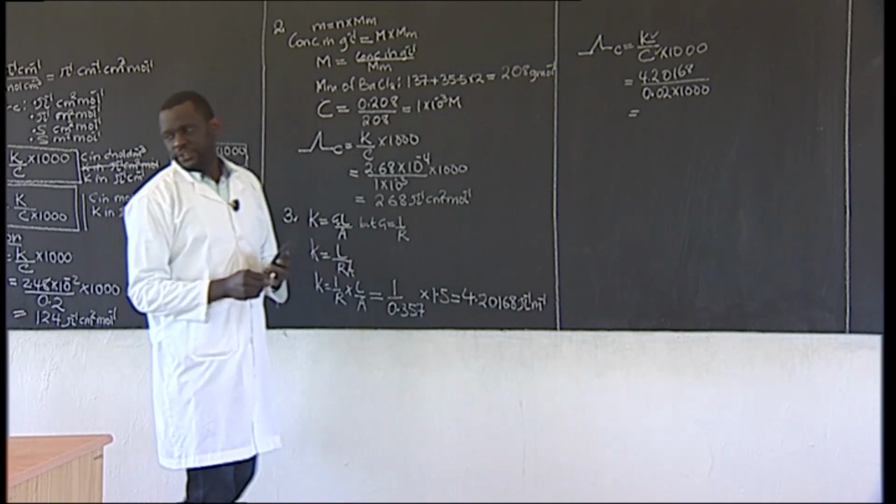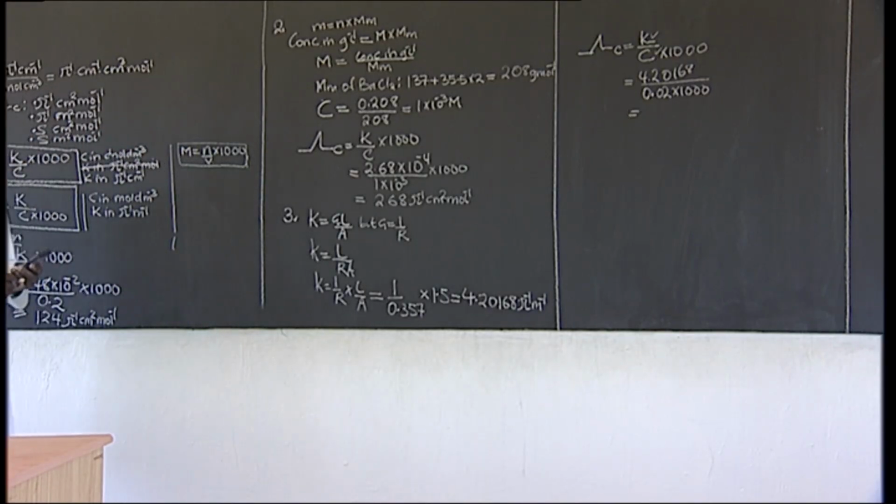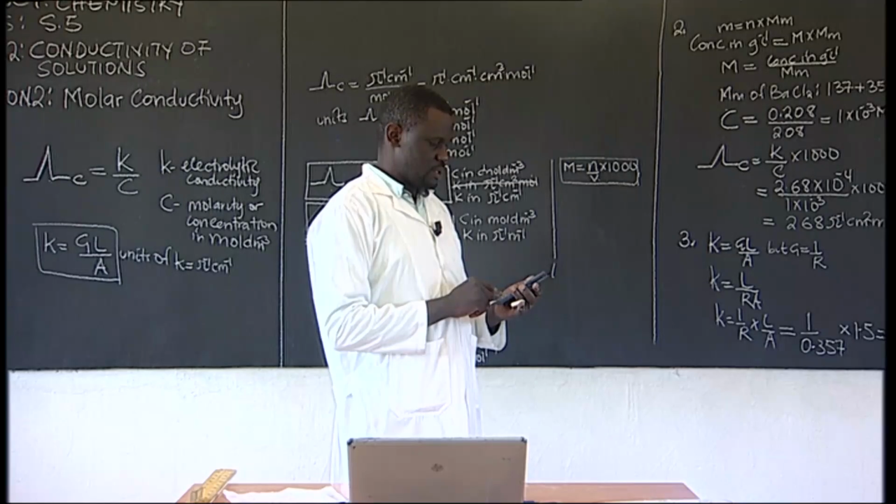So you calculate, make sure you calculate through. So we have here divided by 0.02. Who has got the answer? Divide by 1,000.